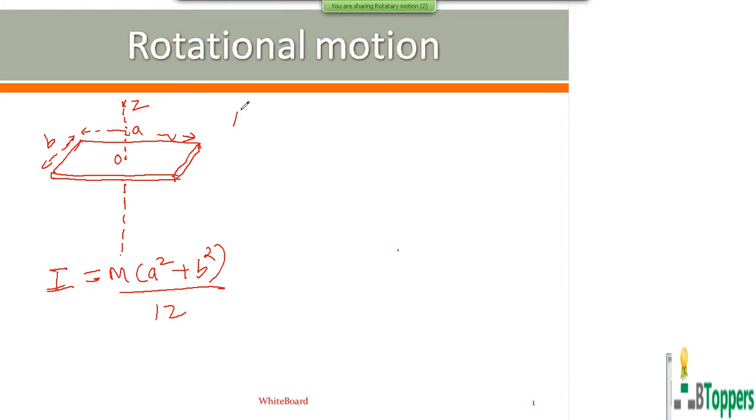So in the case of a square plate, breadth and length both will be equal, so you can write b equal to a.